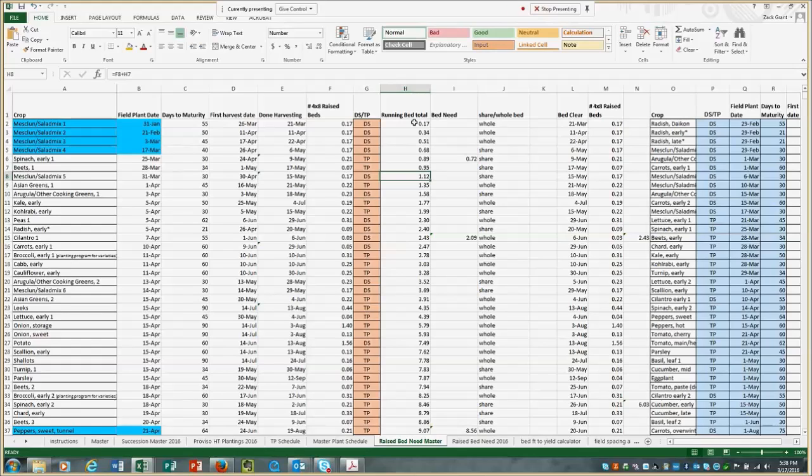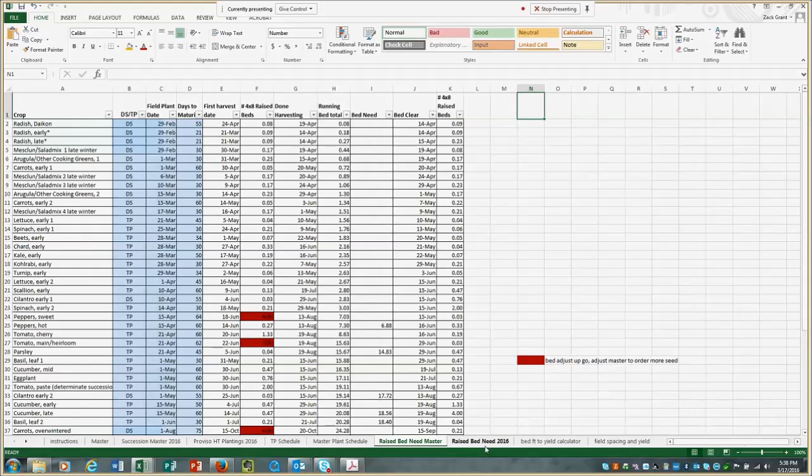But in this particular case, if we go to the next sheet, the raised bed need for 2016, that's what we have here. If you look here, I have the field plant date, days of maturity, first harvest, the number of beds we needed, and then column G, which wasn't in the previous columns, that I added in. This is an approximation of when we might be done harvesting that particular bed, and that took a little bit of extra time.